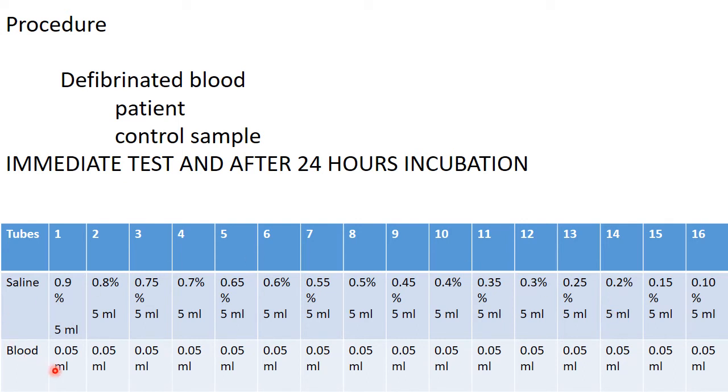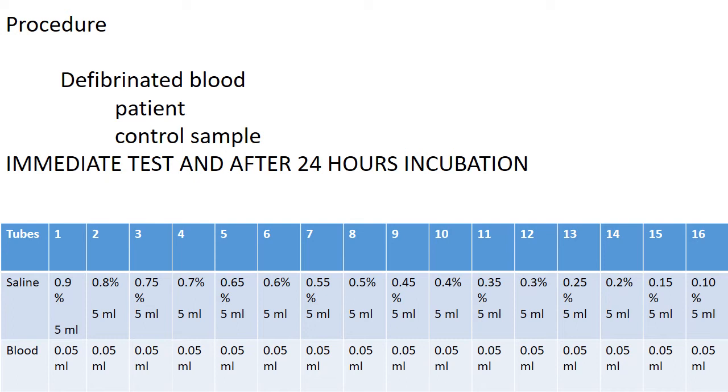Right, to the same tubes you will be adding 0.05 ml of the defibrinated blood you have prepared. So 16 tubes of patient separately, 16 tubes of control sample separately.